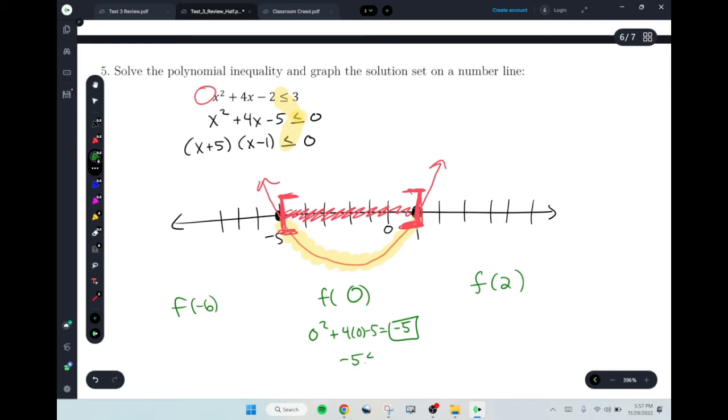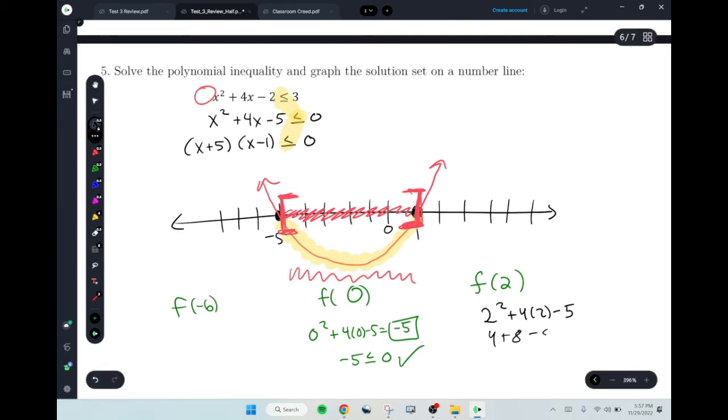Is -5 less than or equal to 0? Check. That means this middle is getting shaded. What about 2? 2 squared plus 4 times 2 minus 5. Whoops, I did the wrong thing.